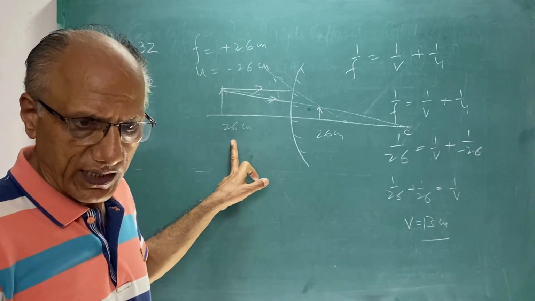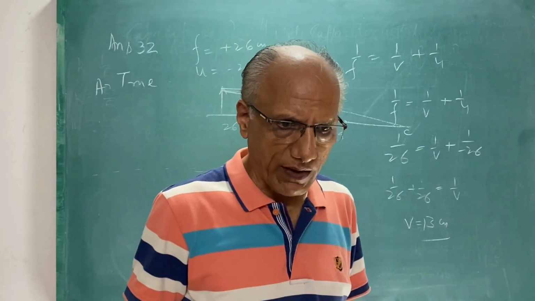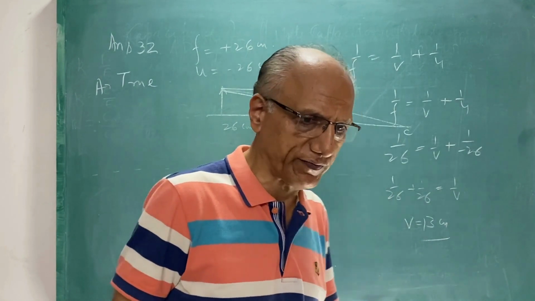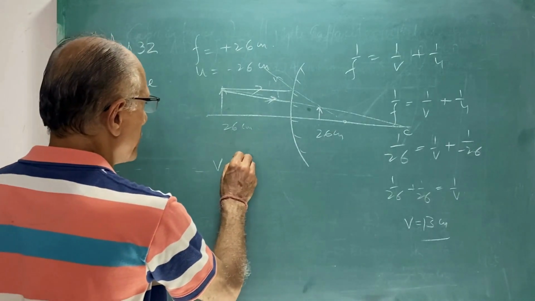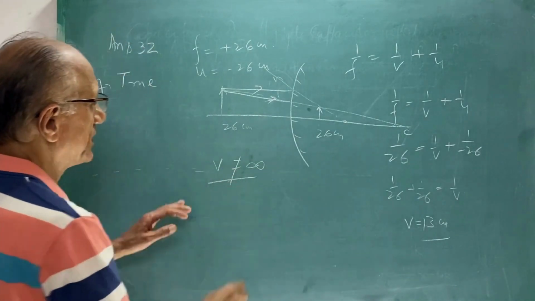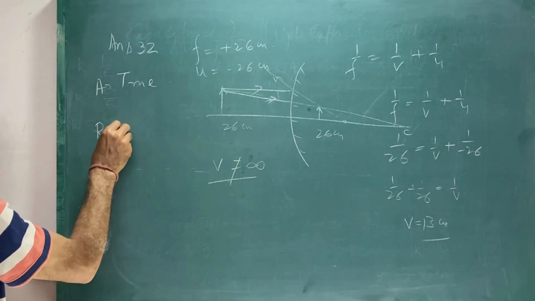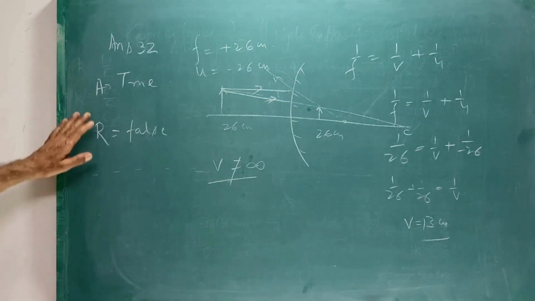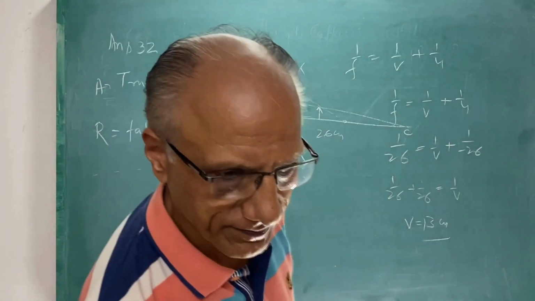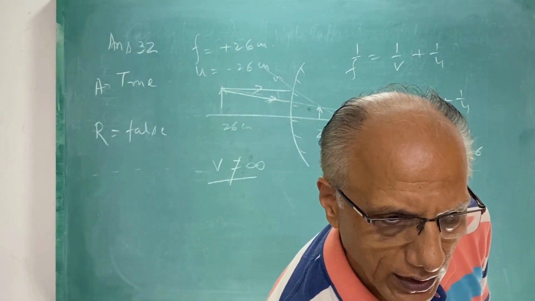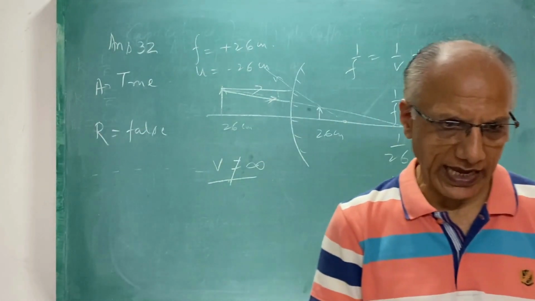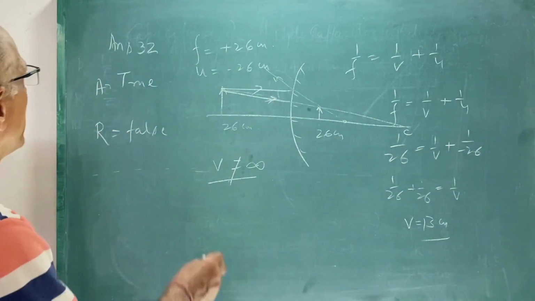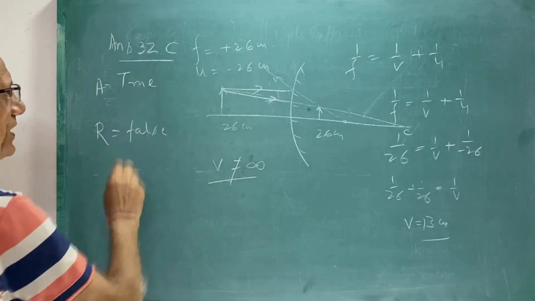And the reason, for the above given system, the equation 1 by f equals 1 by v plus 1 by u gives v equals infinity, is false, because v is not equal to infinity. So the assertion is true and R is false. So the correct answer is C. So 32 C is the correct answer.